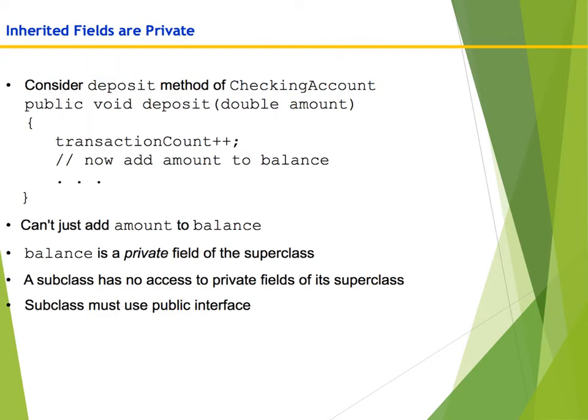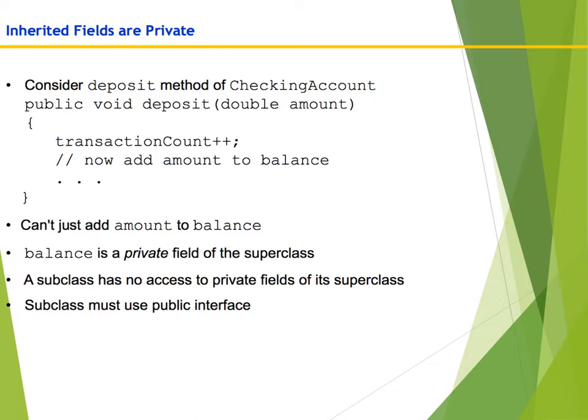So let's take a closer look at the deposit method of checking account. In that method, we need to first increment the transaction count by 1 and then add the amount that you're going to deposit to the balance.